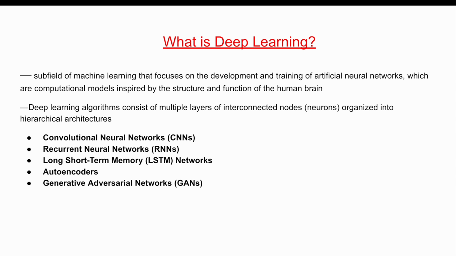Some of the key components and techniques in deep learning include convolutional neural networks, or CNNs, and we'll see this as we start coding with PyTorch. Convolutional neural networks, or CNNs, are a type of neural network architecture designed for processing grid-like data, like images.